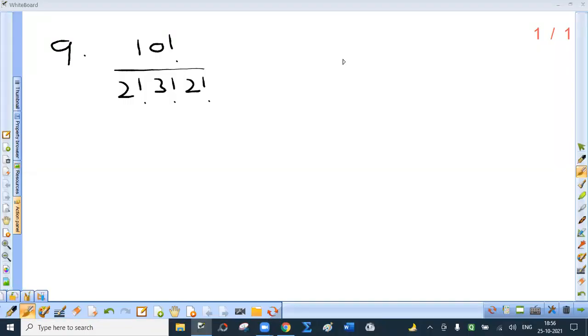Ninth one. Find the number of arrangements of the letters in the word constitution that begin and end with N. Okay. So how many N? Constitution. So 2 N's. Okay. So that problem is solved. Basically, just a minute. There are 12 letters in the word constitution, right? Don't write the solution. First, I'll explain.